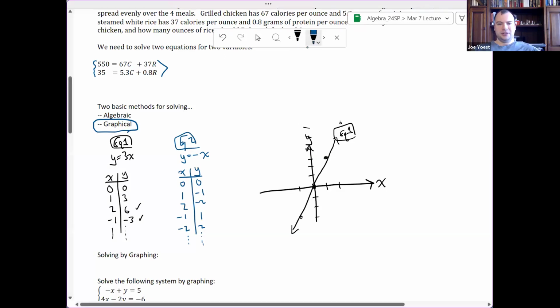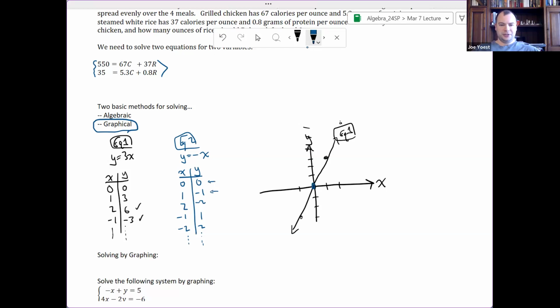Now, what if I wanted to graph equation 2? I guess I could graph it on a separate plot, but I could also just use the same plot. I could overlay the graph of equation 2 on top of the graph that I already have for equation 1. So equation 2 has a point 0, 0.